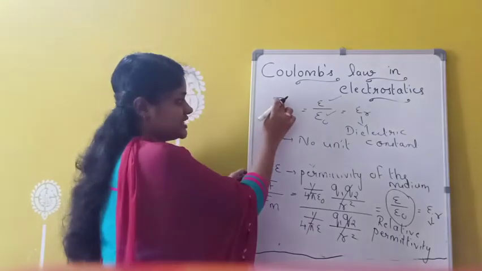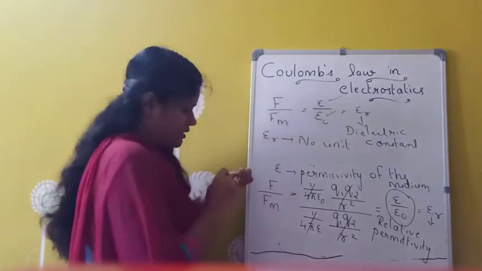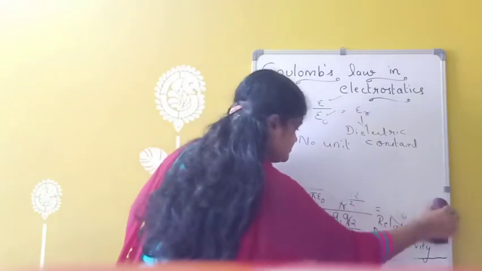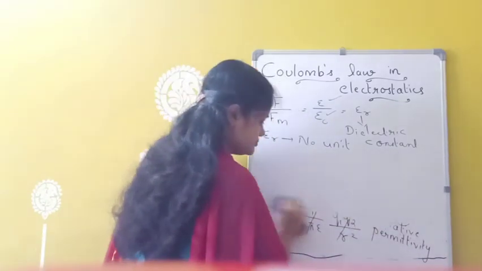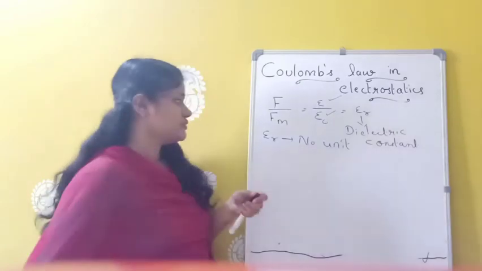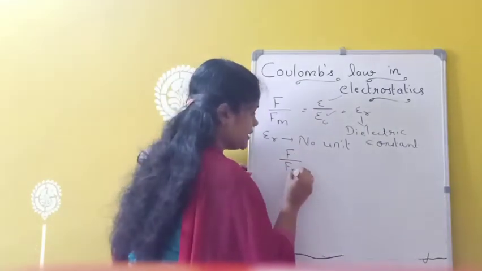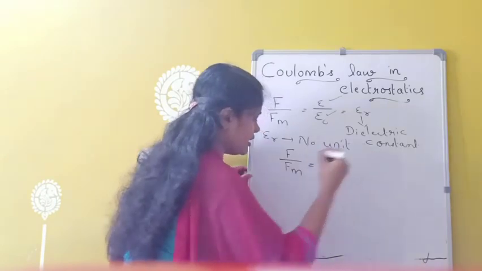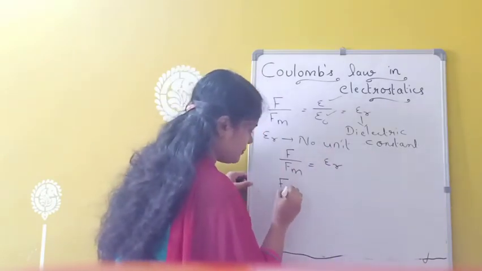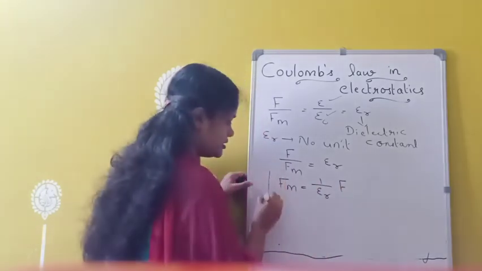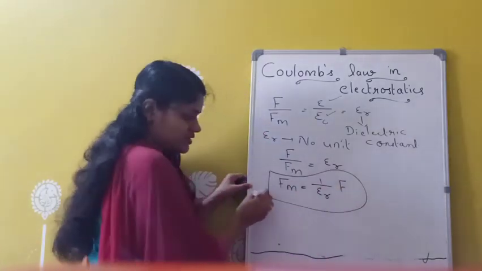So now I got F by Fm equals epsilon r, or from this we can write Fm equals 1 by epsilon r into F. So what is the meaning of this?